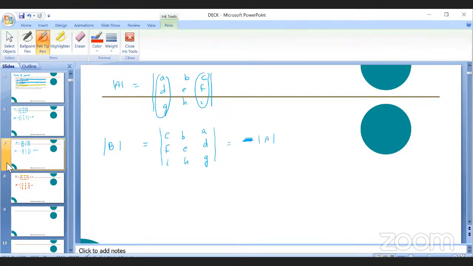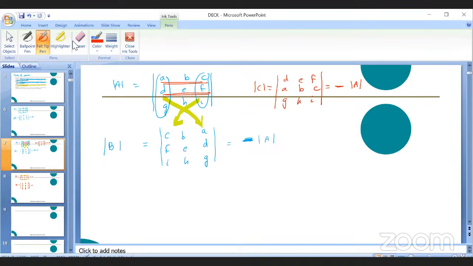In the previous property, I took the first column to the third column and the third to the first. If you want, you can interchange the rows. Suppose I write determinant C with the first row as the second row and the second row as the first row. The third row is the same. Then its value will be the same as the determinant of A, but the sign will be different.